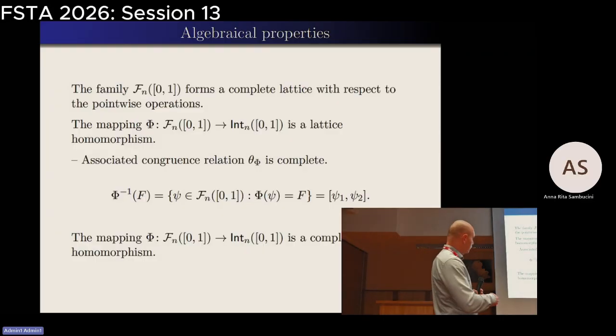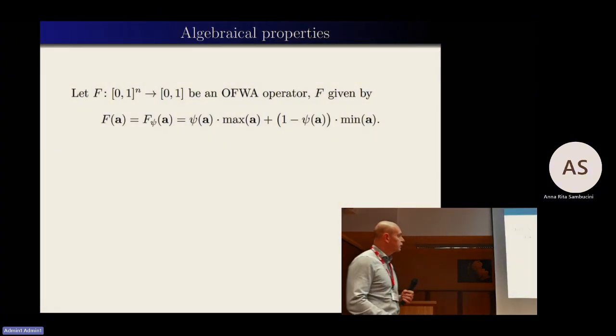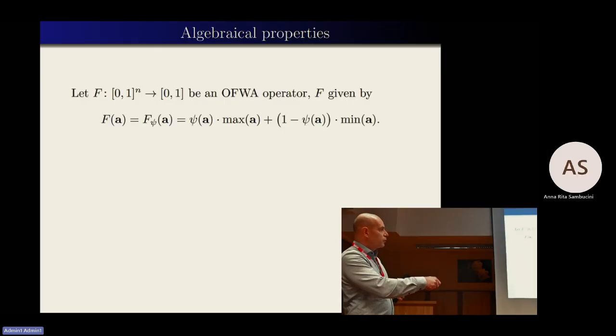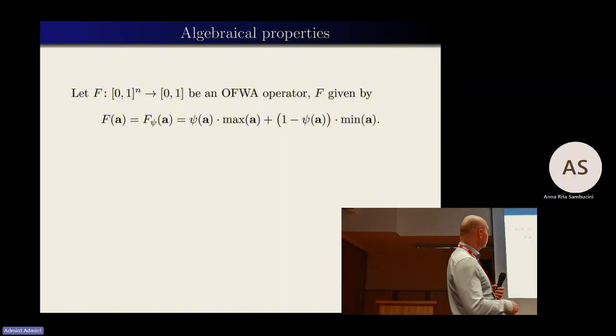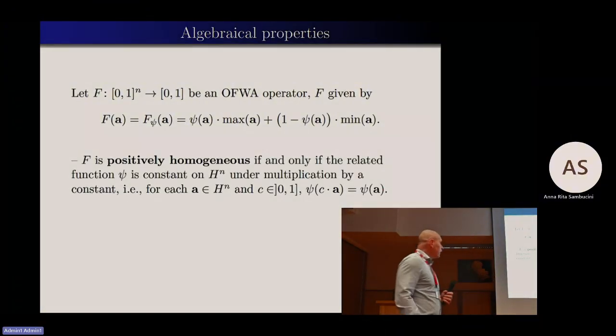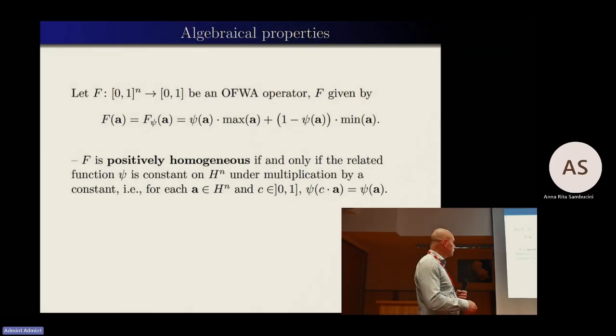So this is one of the results concerning the algebraic structure. As you can see, here are the operations of maximum and minimum, but also the standard operations of multiplication and addition. So here are some results concerning addition and multiplication.